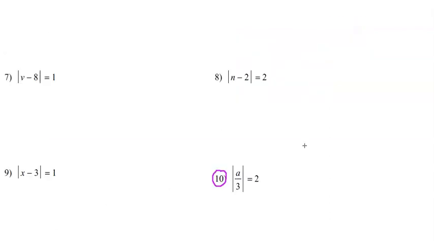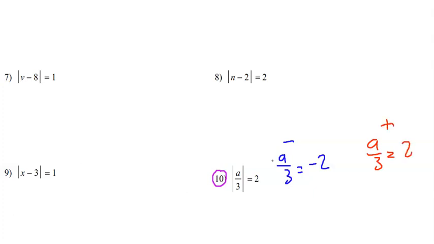Let's look at number 10 on the same worksheet. Absolute value of a over 3 equals 2. The absolute value is already isolated, so we'll set up our negative piece and our positive piece. Negative piece, we have a over 3 equals -2, and then our positive piece would be a over 3 equals +2.